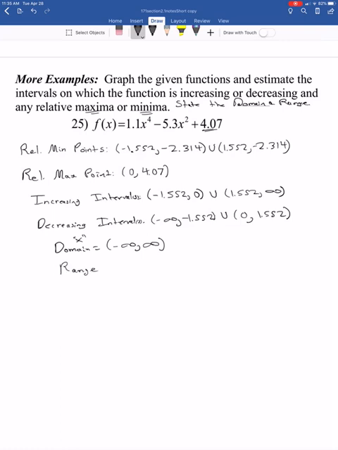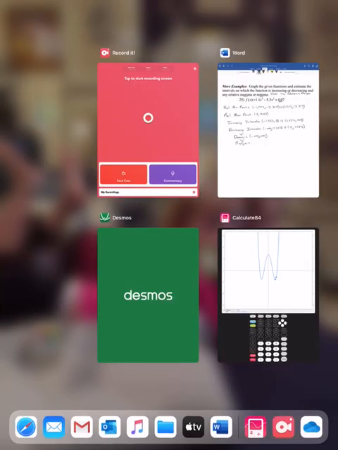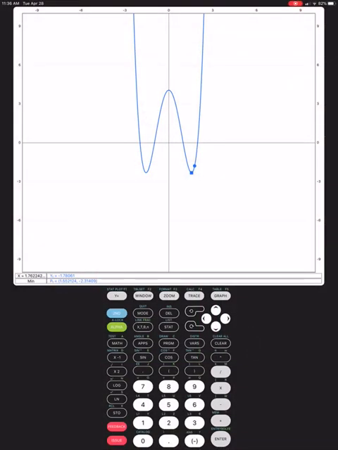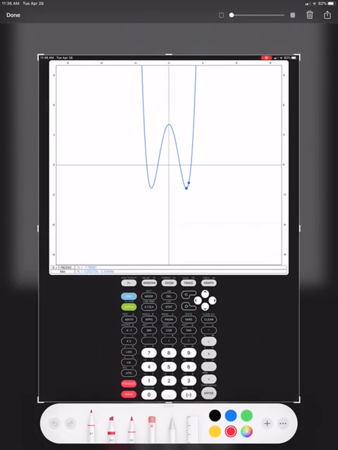Now the range, this is different from odd degree polynomials. We did have a restriction on our range values. Let's go back to our graph and mark it up. Our graph is down here at our min value, so let's put these 2 points back up here: negative 1.552, negative 2.314.